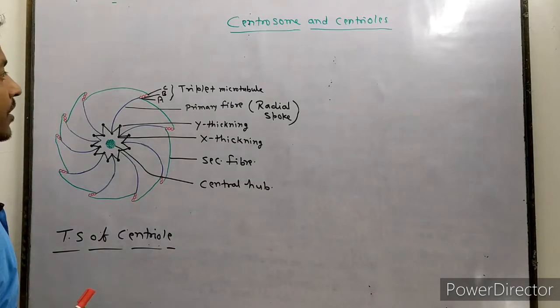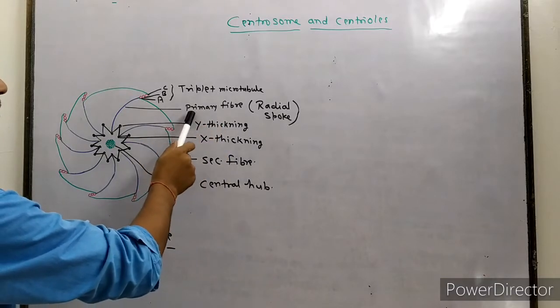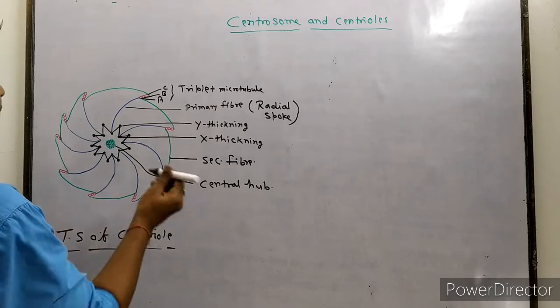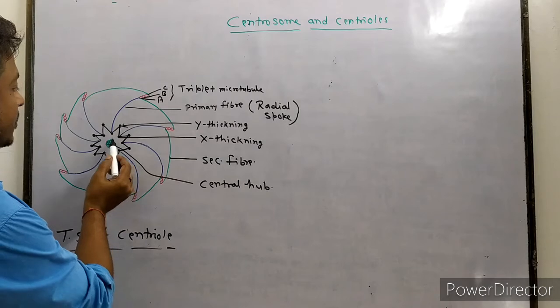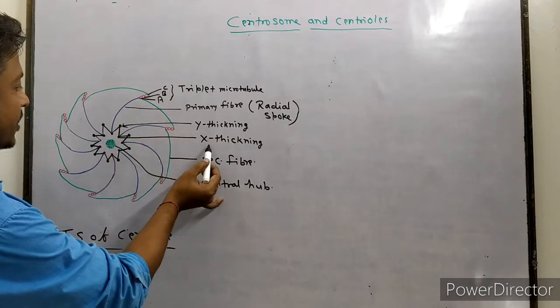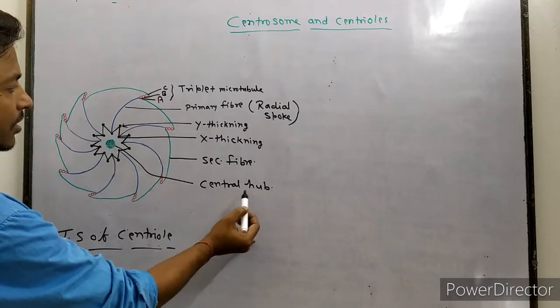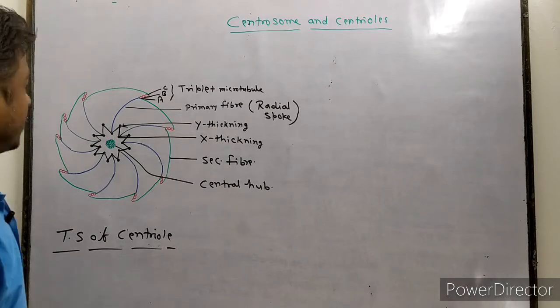Here triplet microtubule, primary fiber, Y thickening. This spot-like structure is X thickening, and here the central hub is present. Clear?